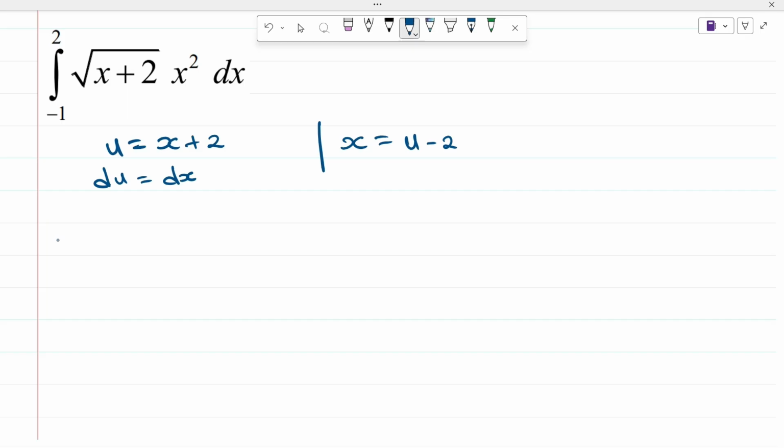Another thing we also need to do is change our limits if we want to use u in our limits; otherwise we need to substitute back our x's. I prefer substituting back our x's, but let me just show you how to substitute with respect to u.